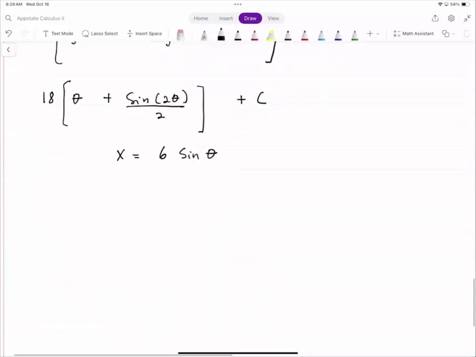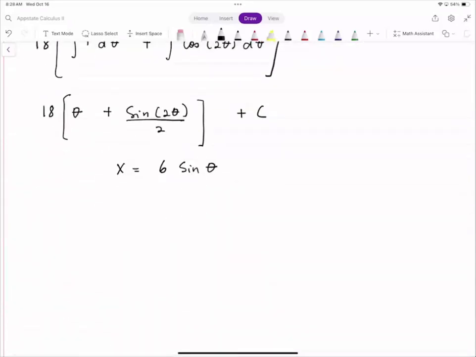You see, we said x to be 6 sine theta. And so from here, we can see that sine theta is the same thing as x over 6. And we can see that theta is sine inverse of x divided by 6.